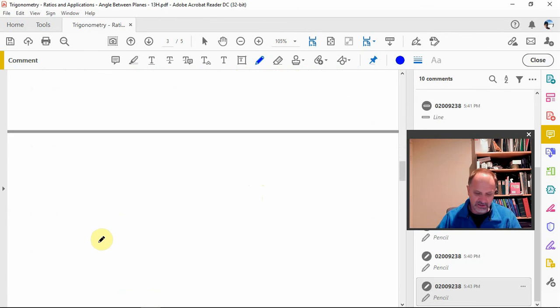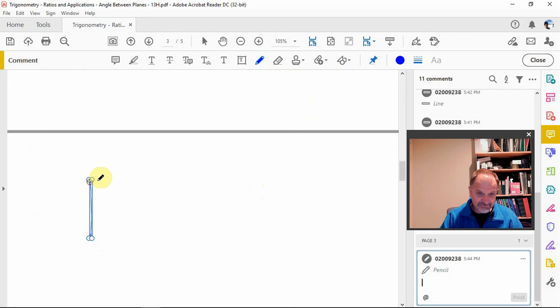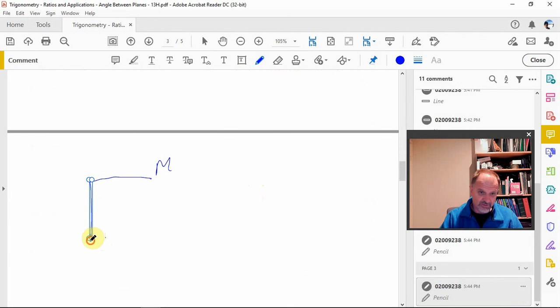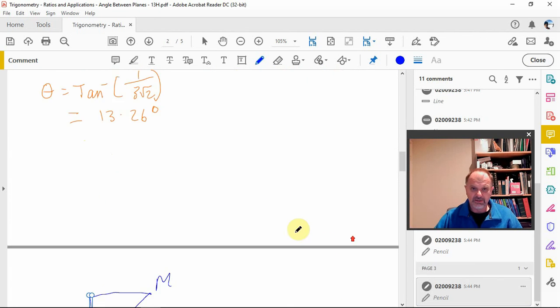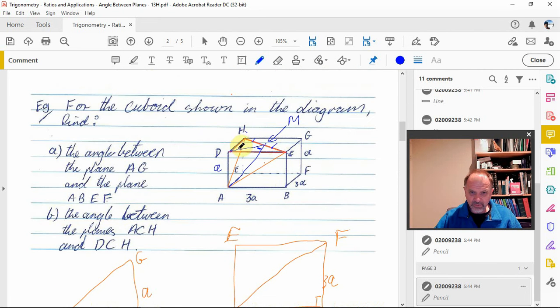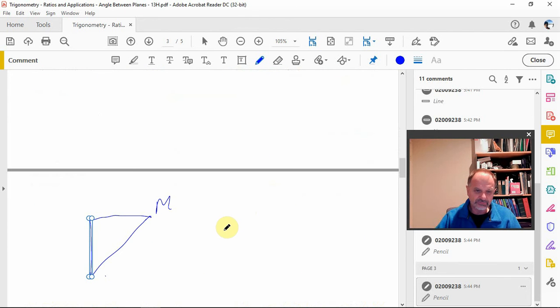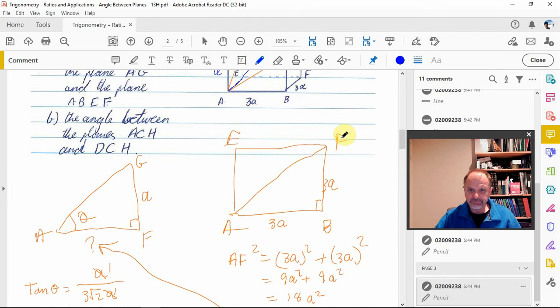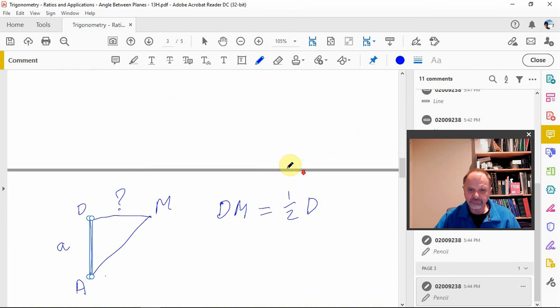So let's have a look. This is the triangle that I'm looking at. So that's M, at that point there, D and A. So we've got D and A, and we know that height is A, and what we want to know is this. And so what we know is that DM is halfway between D and G. All right.